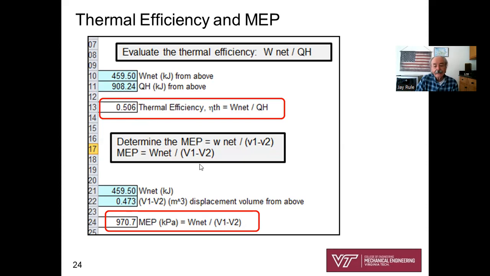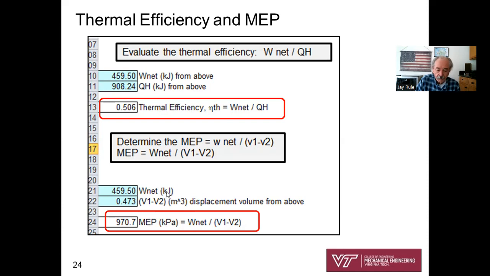We will go back and refresh our memories on the formula for mean effective pressure. This is one that I did not have in my memory banks, so I have to write it down. So the mean effective pressure is W net in kilojoules divided by the displacement volume in cubic meters. So in other words, it is 970.7 kPa. You say, whoa, where did I get that?